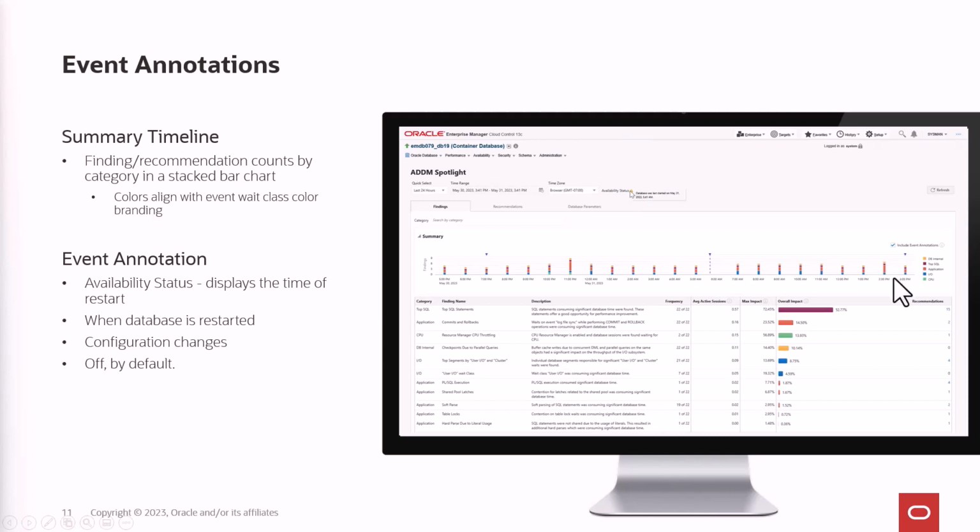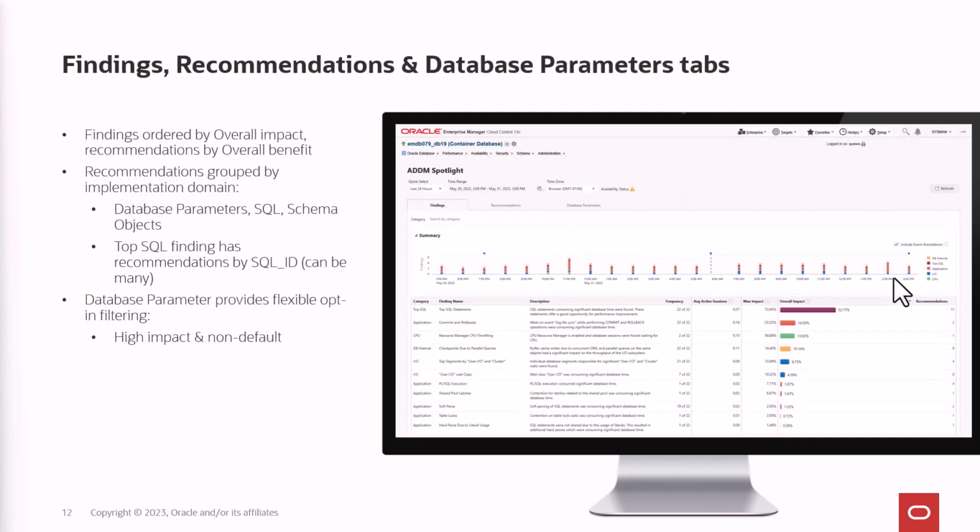ADDM Spotlight is broadly divided into 3 categories, which stand out to be the highlight, that is, findings, recommendations, and database parameters, which we deep dive into as we move forward. This feature is a part of the diagnostic pack. Findings. Let's first begin with the findings section. These findings are taken by summarizing the data from ADDM task execution over a time period. The analysis results identify potential performance bottlenecks during that time range.